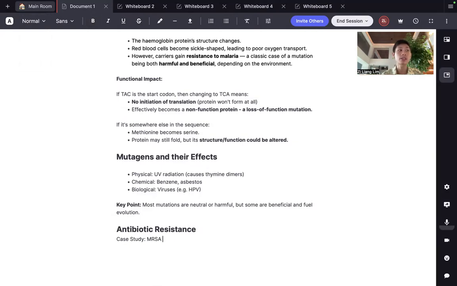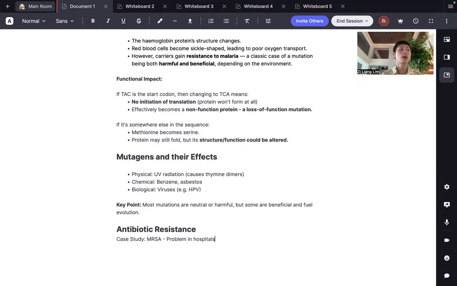It's a type of bacteria that is a problem in hospitals. You have to look at how the mutation confers the resistance, how it survives, how it reproduces, and how it spreads.